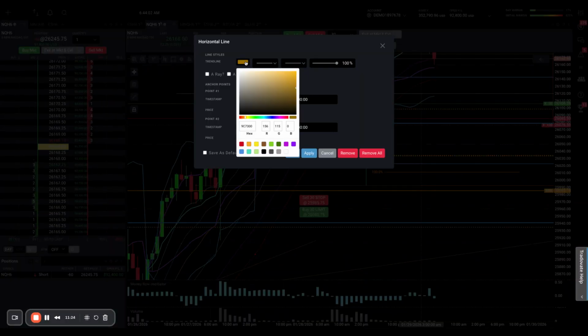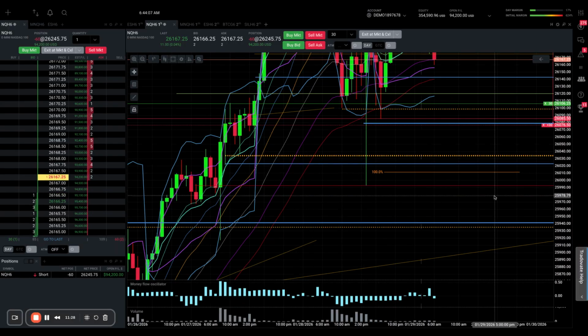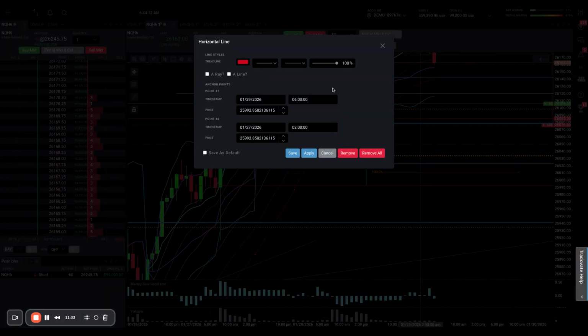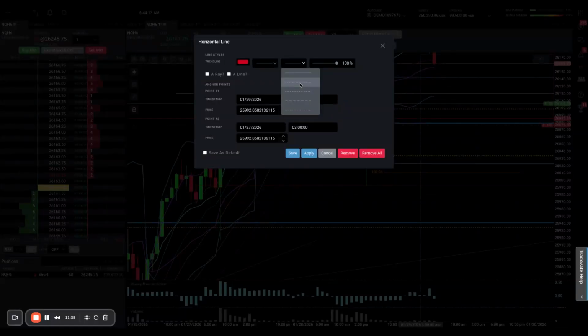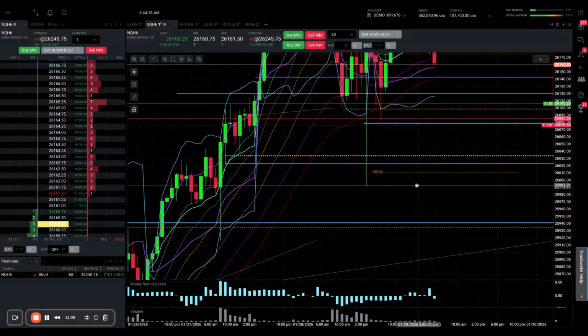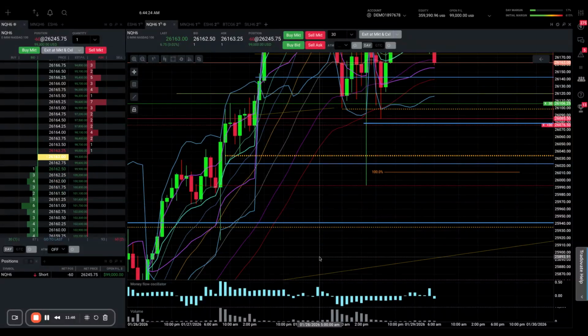We'll make this one red, and I put the red line because we can make it perforated. So we know if we do drop from here, we're coming down into here or lower, until we find support.